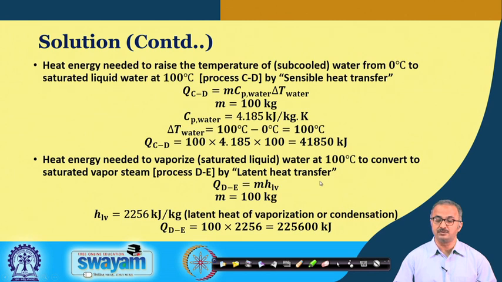So here we are again using latent heat of vaporization. Here HLV signifies the latent heat from liquid to vapor state. So this is the value of the latent heat, and here we are again getting the amount of heat energy required to convert the saturated liquid to saturated vapor.